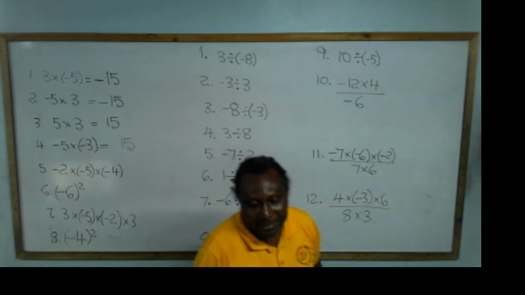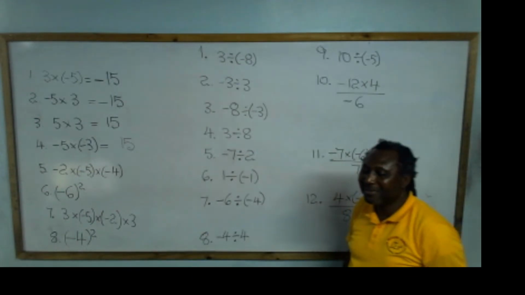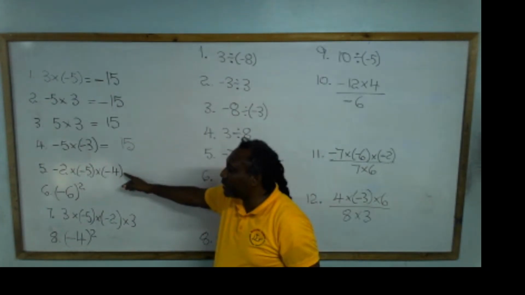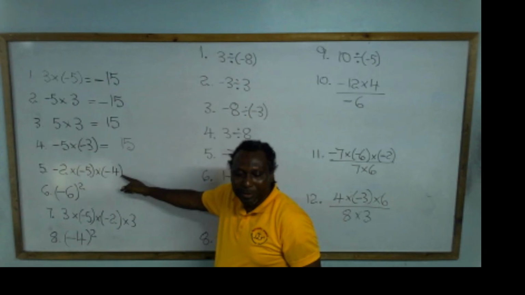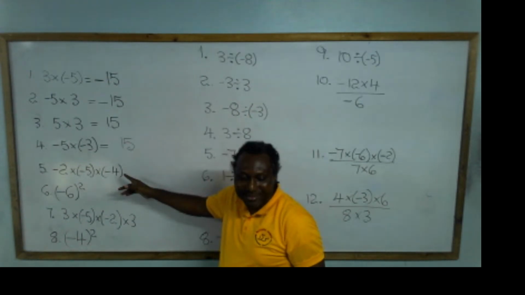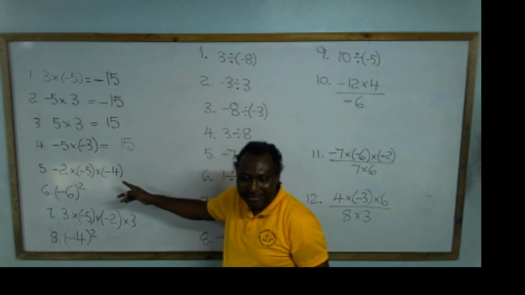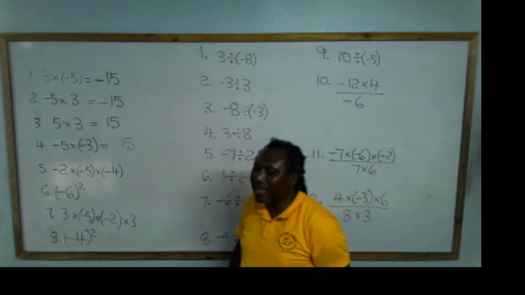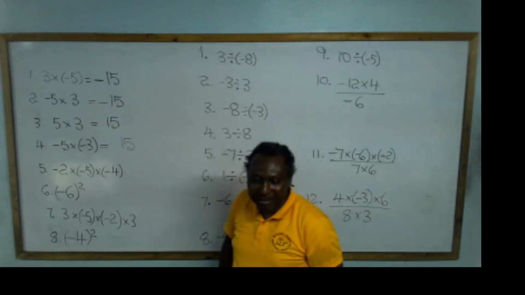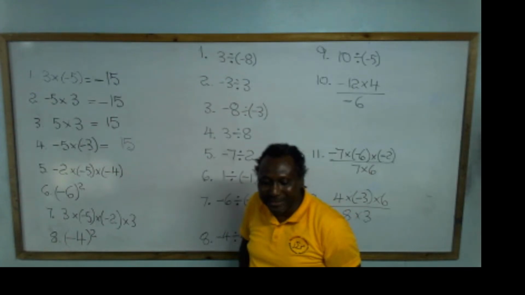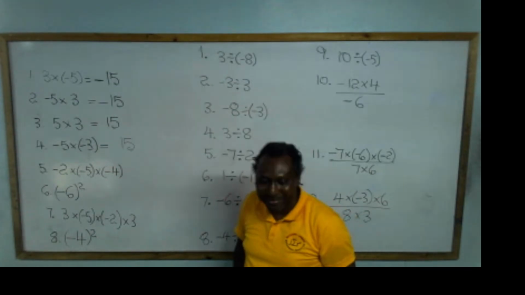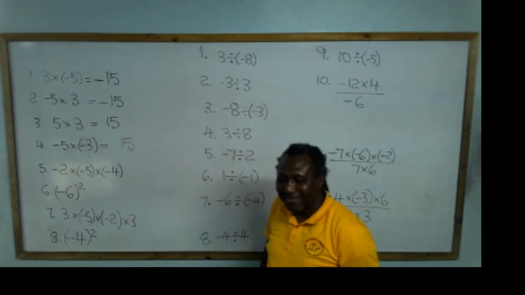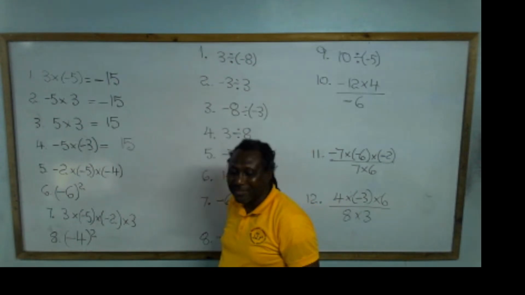All right. Now, anybody remember what we say about this one? When we have many numbers with their signs, we count the number of what? What do we count? No one is supplying an answer.